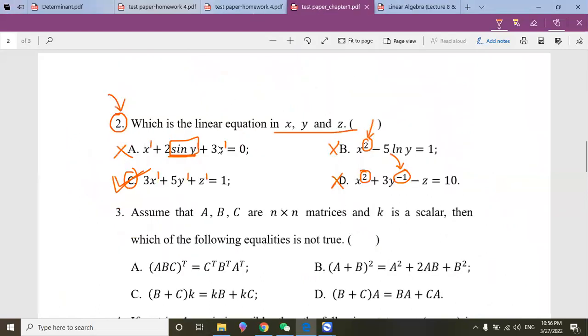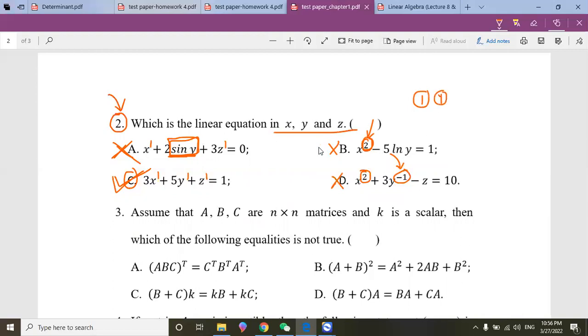On the first answer, we have sin y, a sine function of y, so this is not a linear system. And the second one has x to the power 2, but our formula tells us that we need only x to the power 1 or y to the power 1, right?